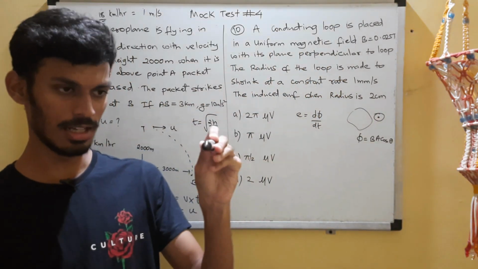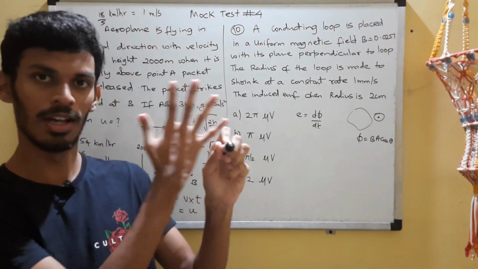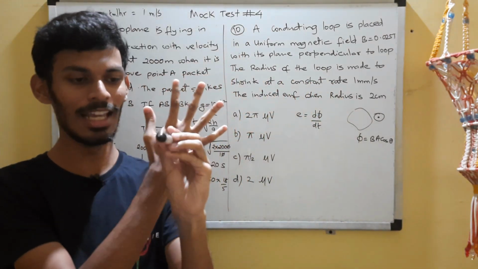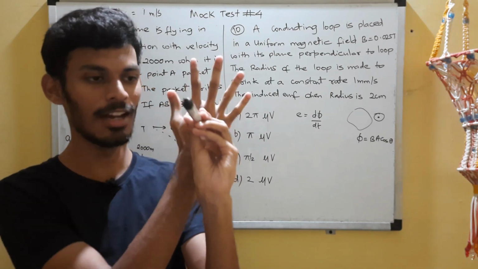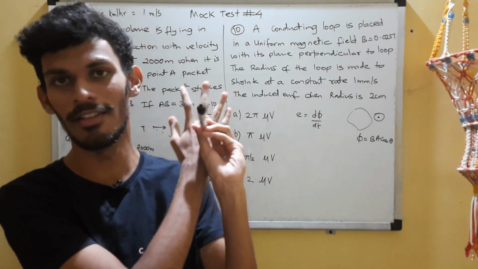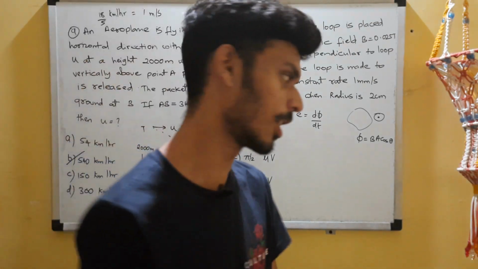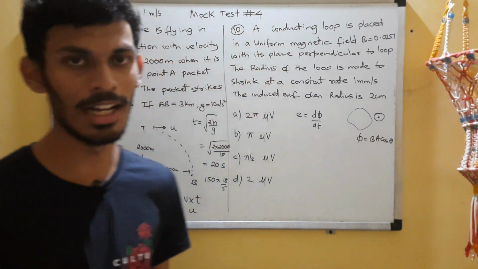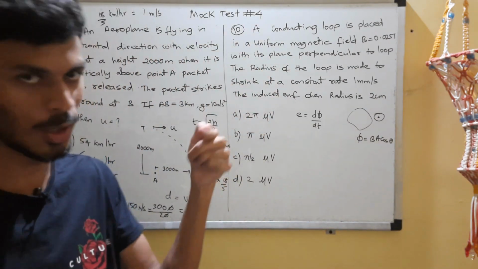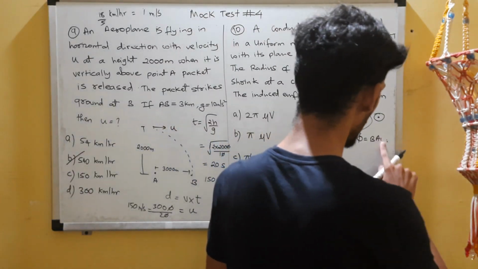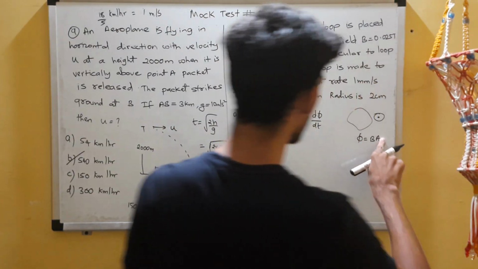So magnetic field is along this direction, and we have our loop, and its area vector is also along this direction. Area vector is perpendicular to the area, right? So the angle between magnetic field and area vector is 0, both pointing out, they are parallel. cos 0 is 1. So we are just concerned about B into A.